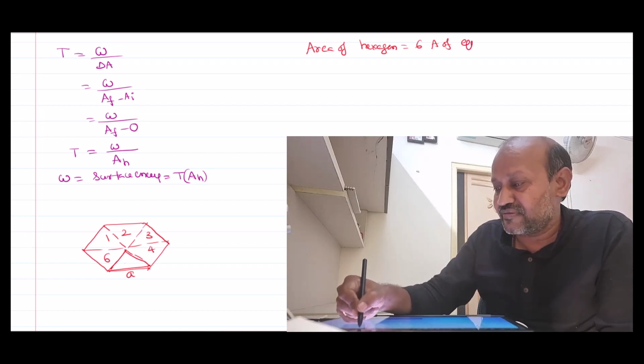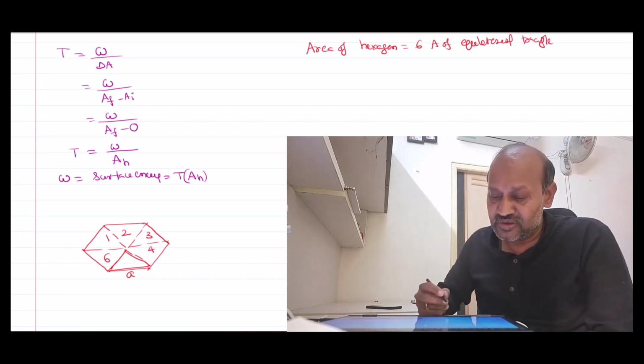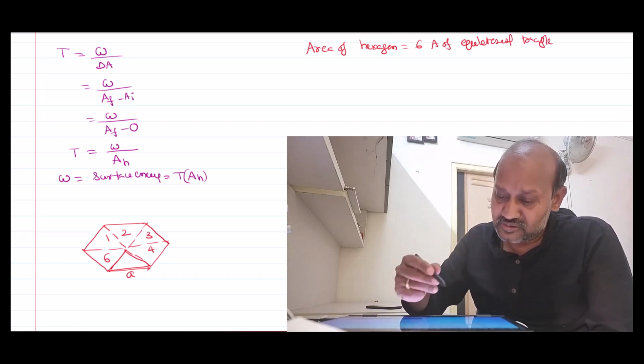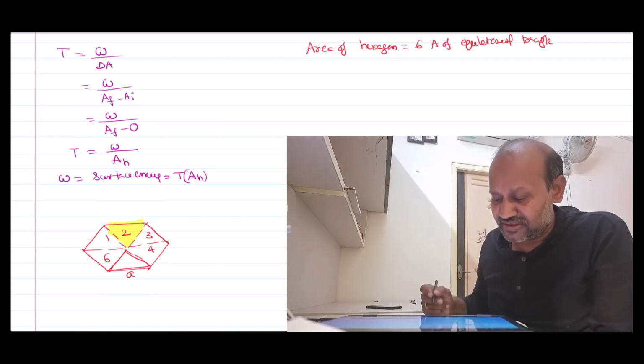Area of an equilateral triangle of side A. So now my task is to find the area of any one of these equilateral triangles.